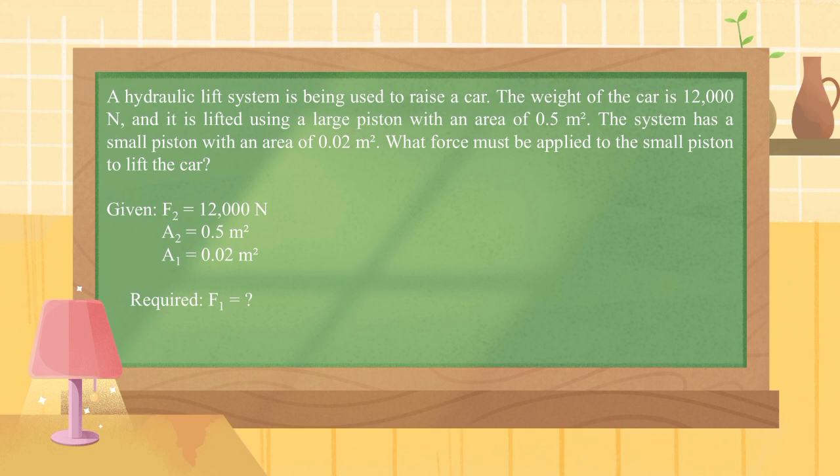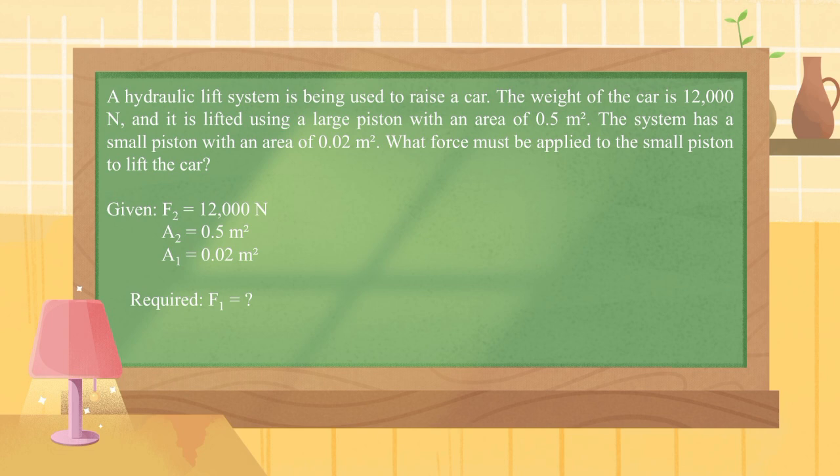So again, we need to identify first the given values. So we have F2, which is 12,000 newtons, and A2, which is 0.5 square meters, and A1, which is 0.02 square meters. So the required is F1, or the force that must be applied to the small piston.